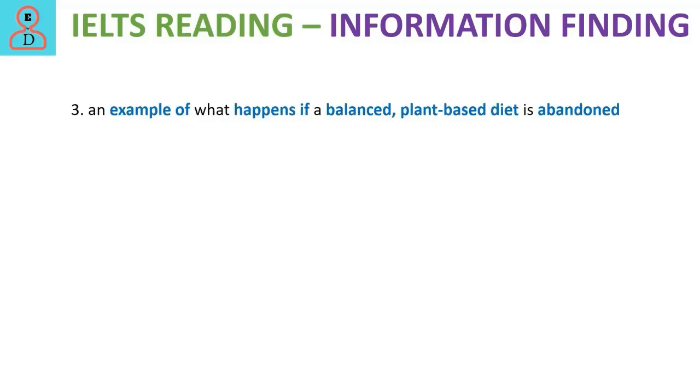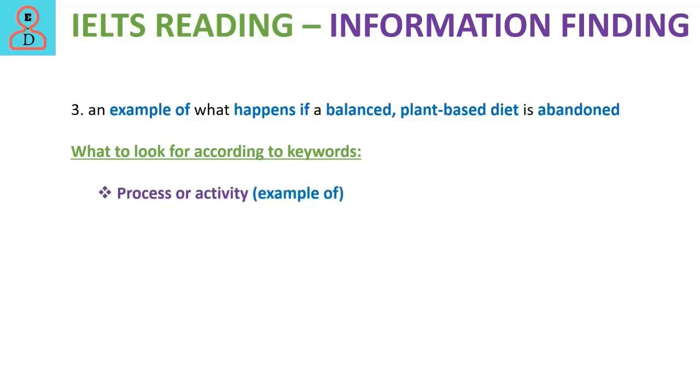In the third statement, the keywords are example of, happens if, balanced, plant-based diet, and abundant. Remember, in the beginning we mentioned that if a statement contains the phrase example of, then we have to look for a paragraph in which some process or activity is mentioned.